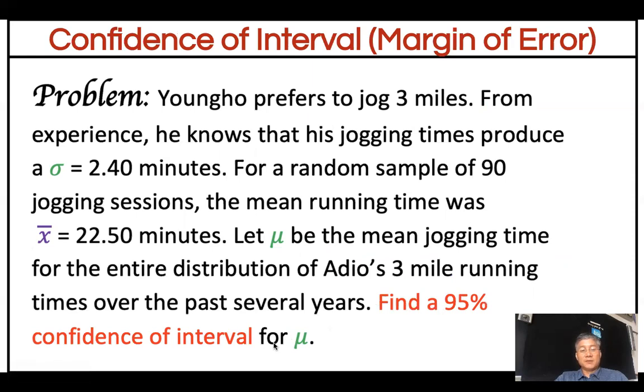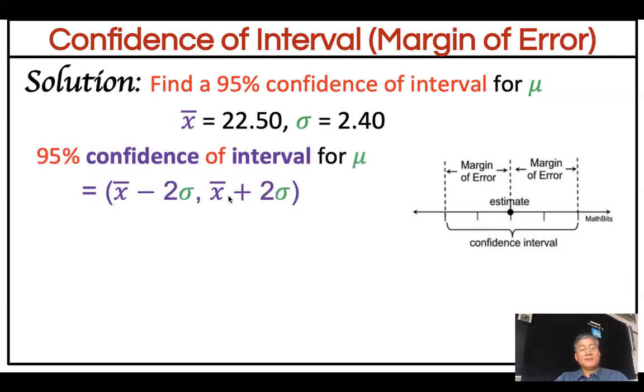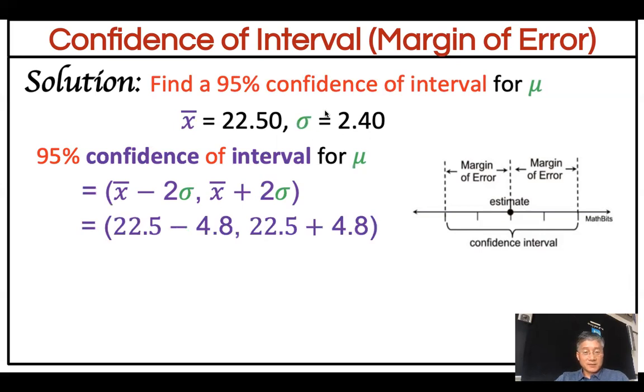Then the 95% confidence interval was, when you know the sample mean and population standard deviation, you simply take the mean minus 2 times the population standard deviation, and plus, and you get the interval like this. You just subtract or add 2 times this. It's already given, so you don't need to calculate it by yourself, right?